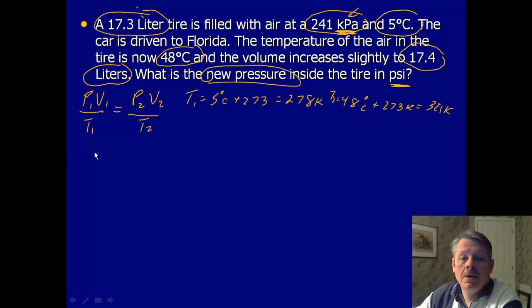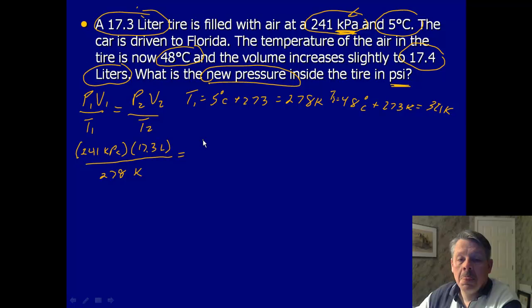All right, so I start with my initial pressure, which is 241 kPa. My initial volume, which is 17.3 liters. My initial temperature, which is 5 degrees Celsius or 278 Kelvin. My final pressure is an unknown, and that's going to be in kPa.